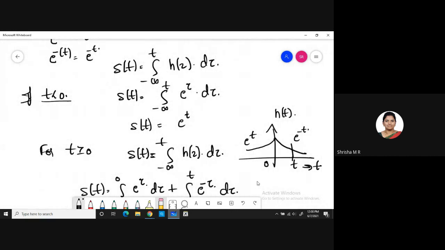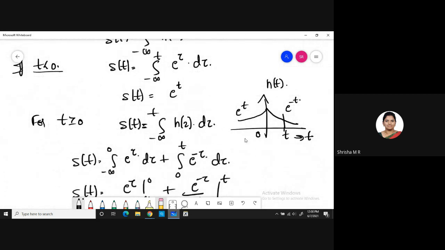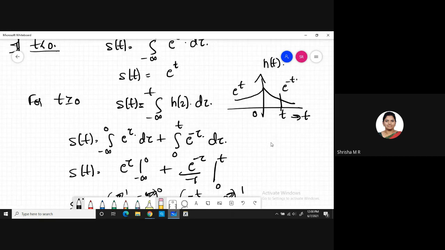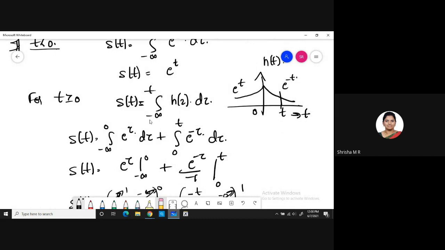Second case, if t is greater than or equal to 0, t might be somewhere here, greater than 0. So the limits of integration would be from minus infinity to t of h of tau d tau. So from minus infinity to 0, it is e power tau d tau, plus from 0 to t, it is e power minus tau d tau.